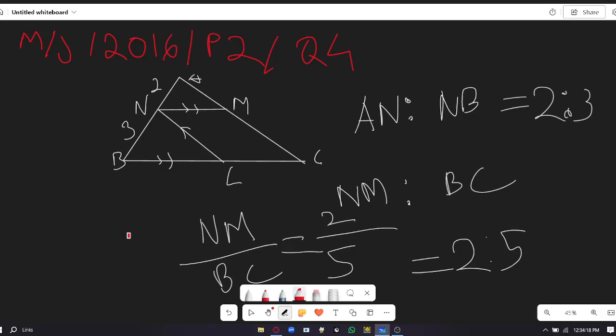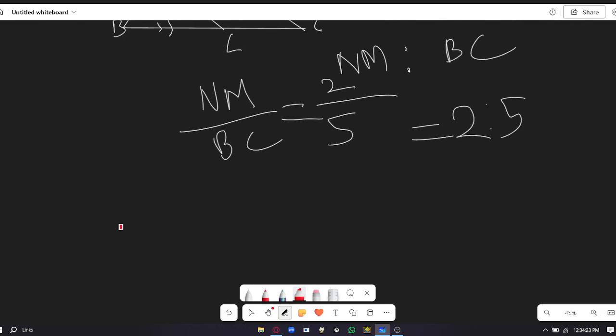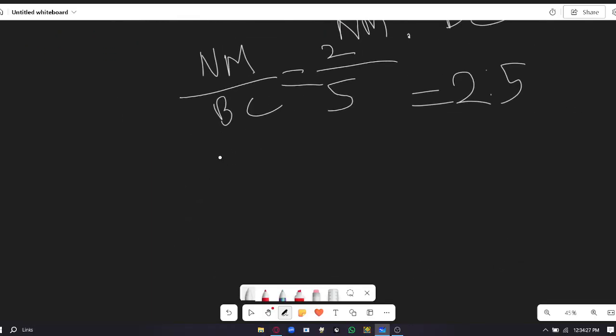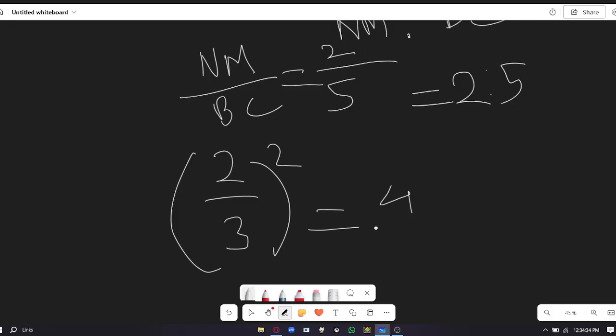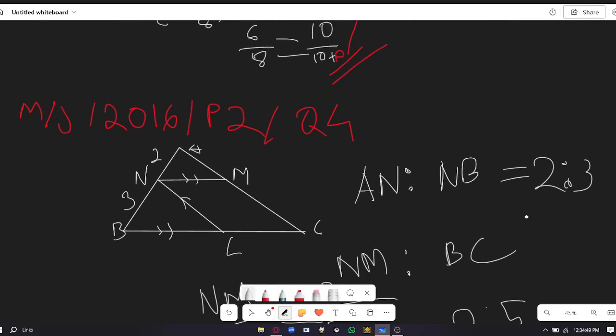So what side ratio are you going to take? It's the one with the value, right? So we take this AMN being the top one, by the bottom, the whole square around it, we get 4 by 9. This gives us 4 is to 9. If I'm correct. Yep.